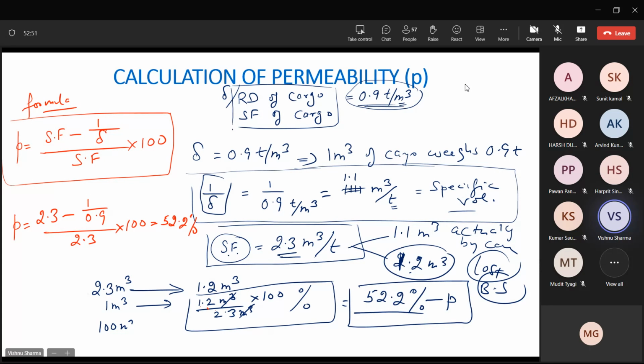Guys, please review it well. Let me know if there's any doubt. I'll hold here for about 15-20 seconds to address any doubts. And once you know the permeability, the question becomes the same as what you did yesterday, how the permeability was used. It will be used the normal way.